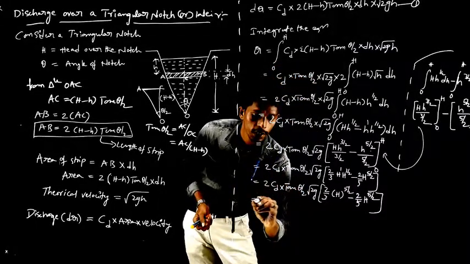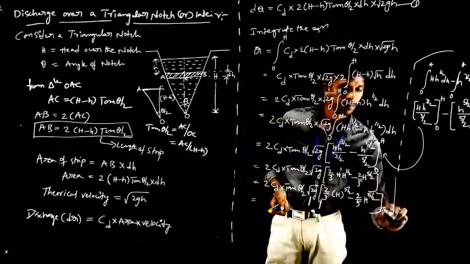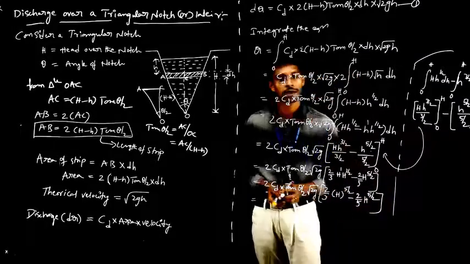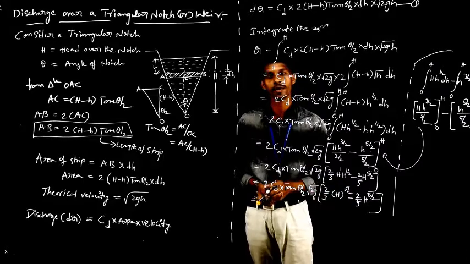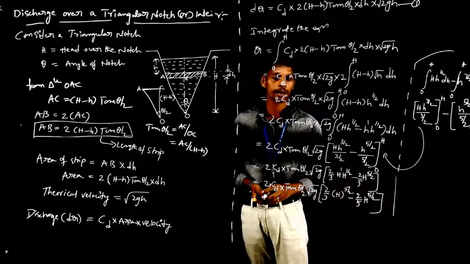Okay, in this, can you keep the h power 5 by 2 as a common, and what is the value for 2 by 3 minus 2 by 5? Take the LCM and tell me.